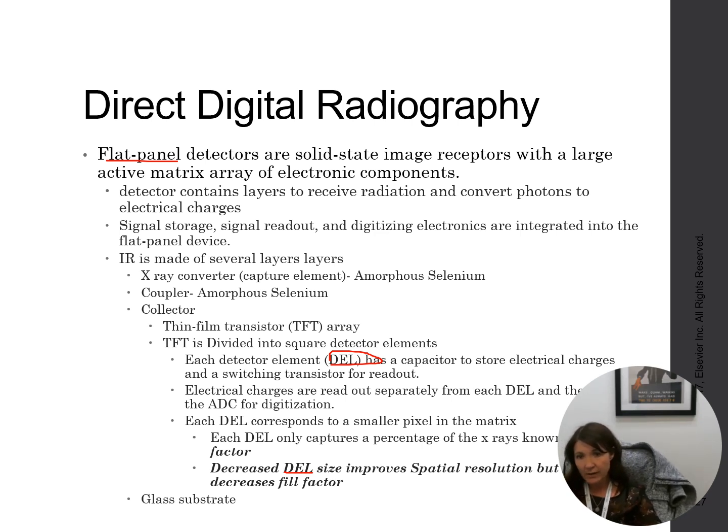That is usually going to make up about 80 to 90% of the surface of our TFT. The other 10% or 20% that's not covered with that sensitive material is going to be covered with a capacitor or something else, and that area is not going to be sensitive to those ions and therefore miss any charges coming to that area. So because of that, we want high fill factor in order to keep our systems as efficient as possible.